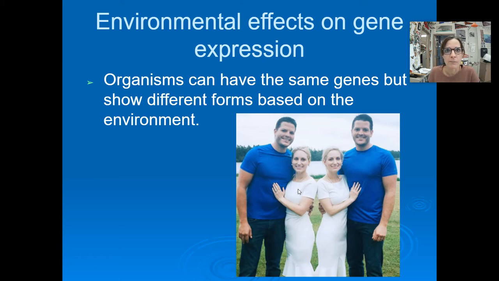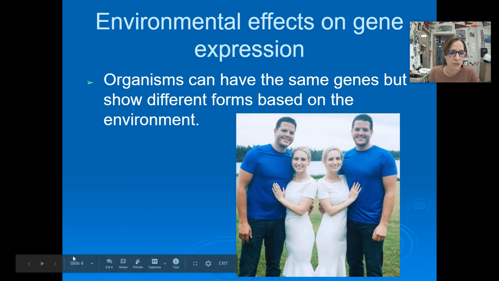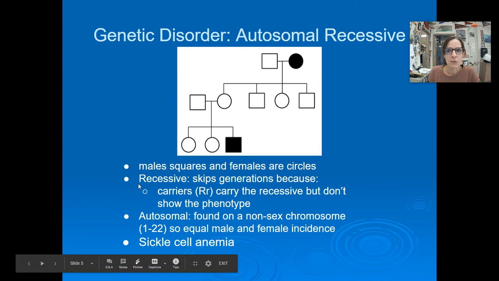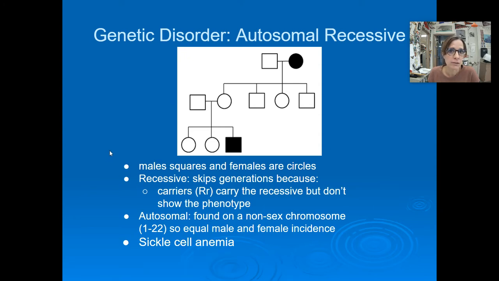When they're growing up, they're eating the same food, they're having the same interactions, but as they get older and become adults, they have different lifestyles. And so this is just a fun picture, and you can see they look very, very similar, but they're not completely identical.